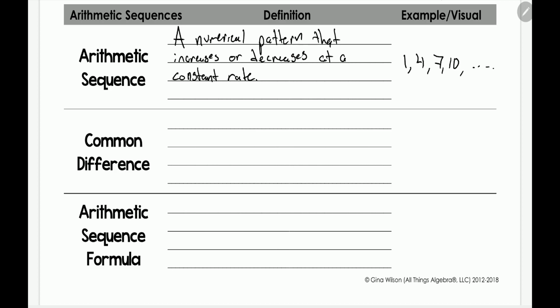Okay? The common difference is the difference between each consecutive term in the sequence.